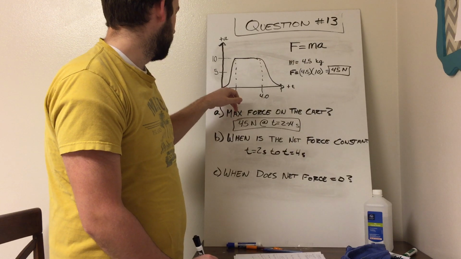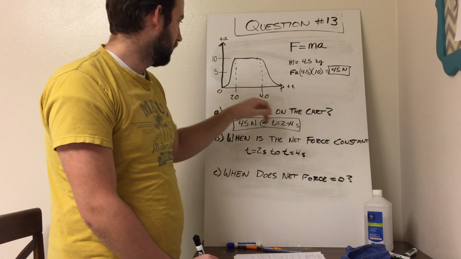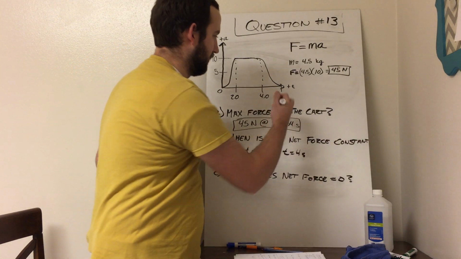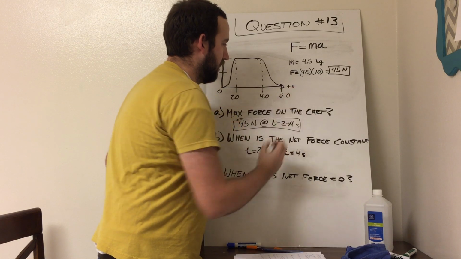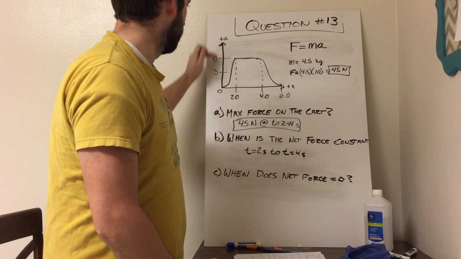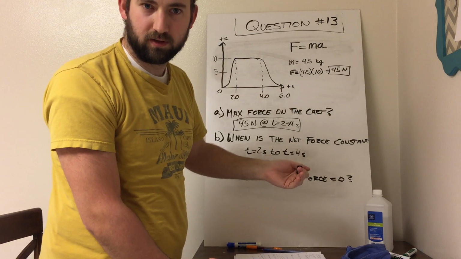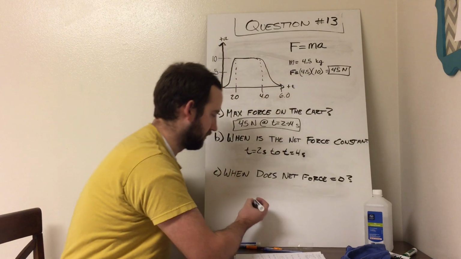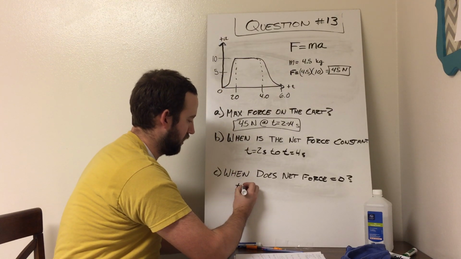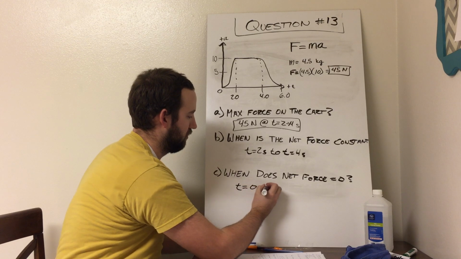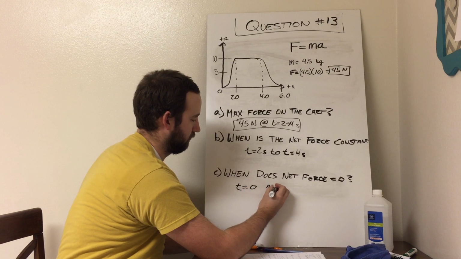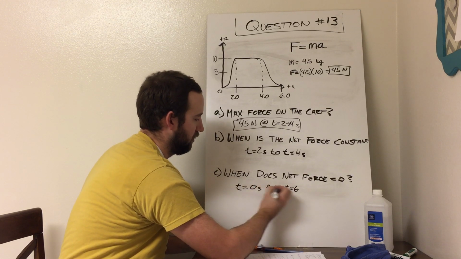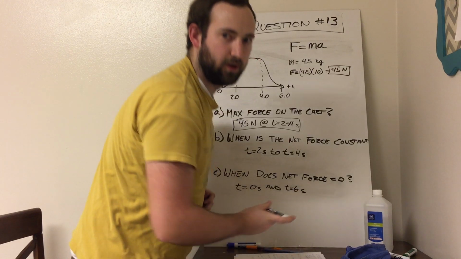We can tell right here at time equals 0, and then over here at time equals 6, that indeed the acceleration is 0, which makes the net force 0. So the net force is equal to 0 at t equals 0 and t equals 6, in seconds for our units.